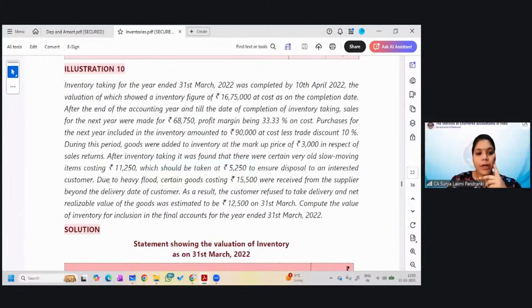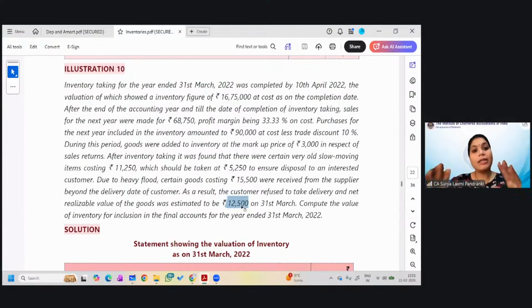The next point says, due to heavy flood, certain goods costing 15,500 were received from the supplier beyond the delivery date of customer. As a result, the customer refused to take delivery and net realizable value was estimated to be 12,500. So what happened here? You have ordered from a supplier, and then due to heavy flood, the supplier could not give you on time, and you could not deliver it to the customer on time.